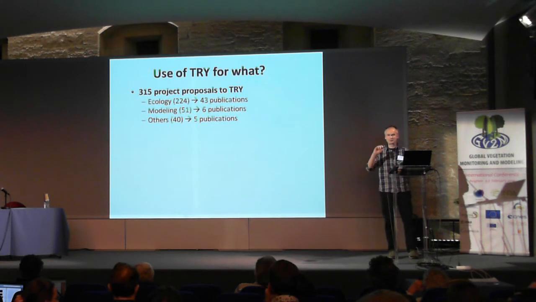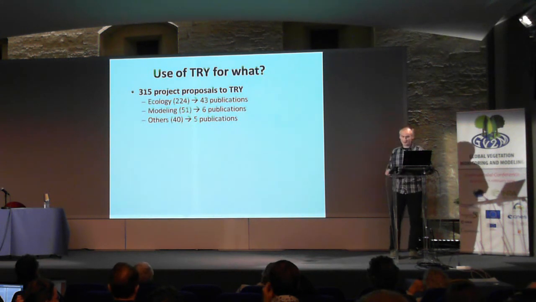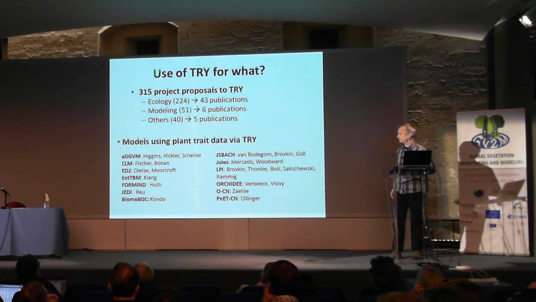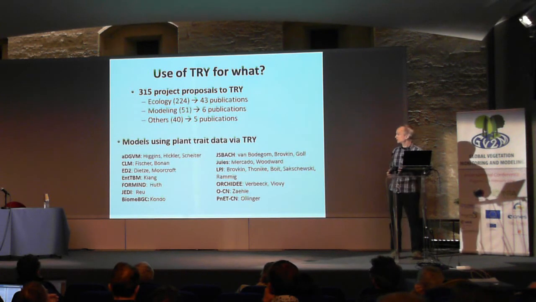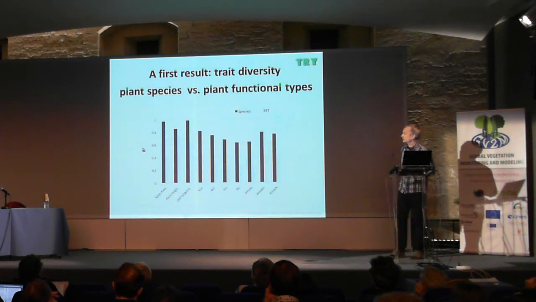You take the traits and it corrupts your model, then you have to reconstruct the model, and then you get new results, but you don't know why, and you have to think. It's a lot of work to include this kind of information. And it's quite a range of different models using traits via TRY. It's not always the case that you take the traits and everything is nice. No, it's probably the other way around.